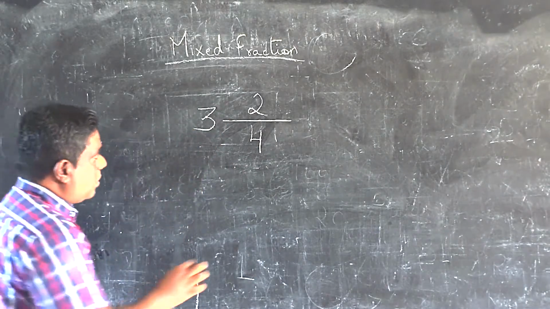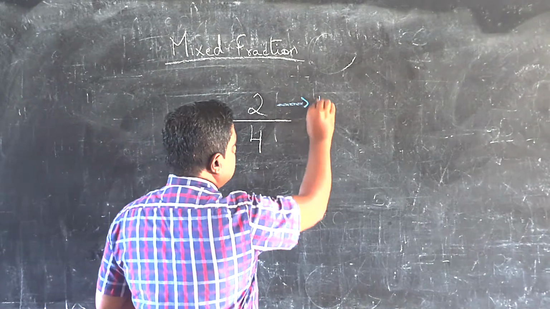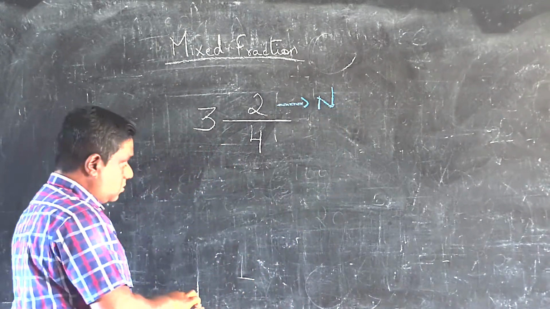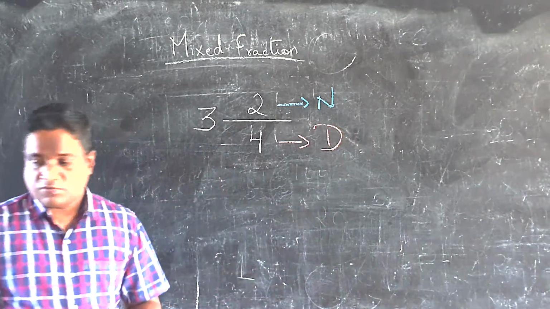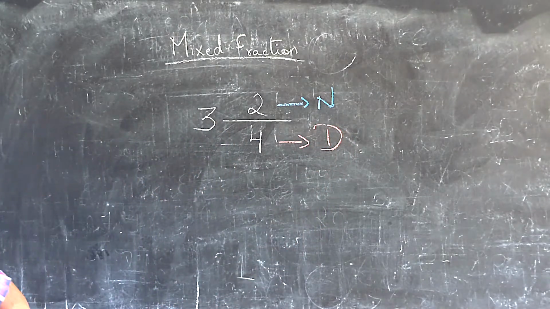2 represents the numerator. 4 represents the denominator.